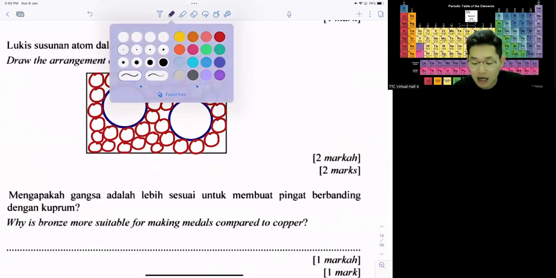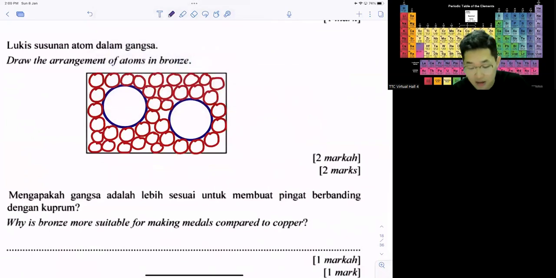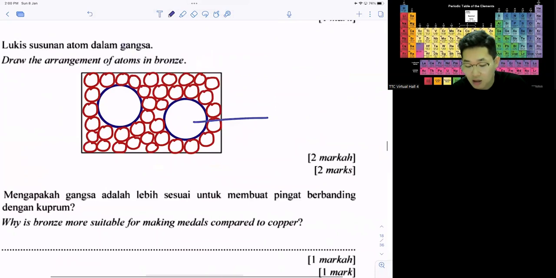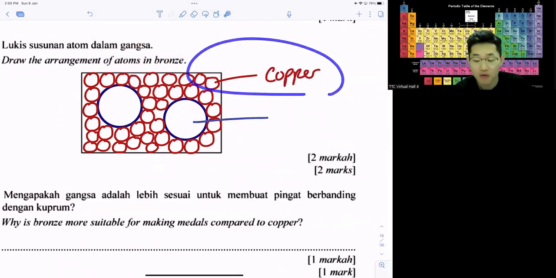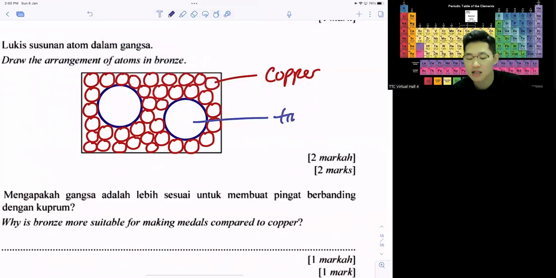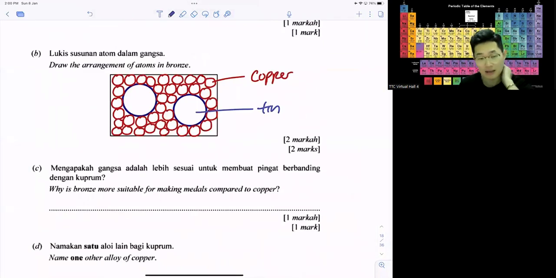Whenever we are labeling, you have to label it. We don't label based on the size, we label based on the amount. Bronze is mainly made of copper, so a lot of copper with a little bit of tin. That's how we decide it. Okay, next.